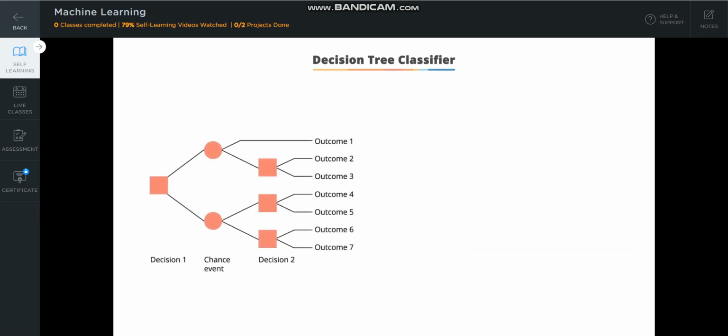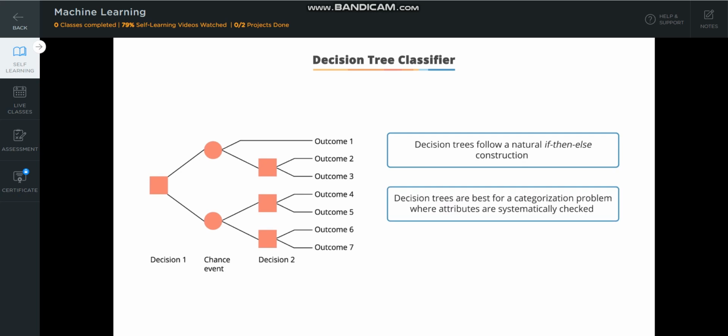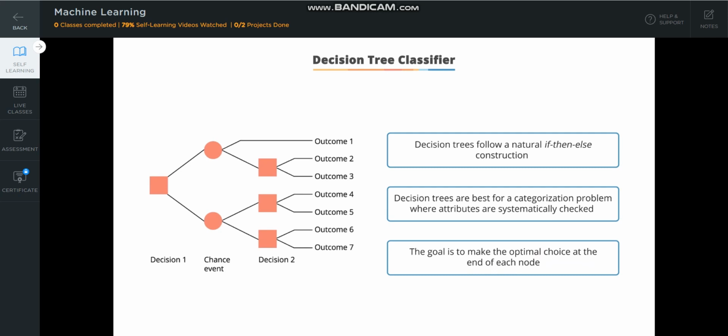Let's understand the schematic representation of decision tree. Decision trees follow a natural if-then-else construction due to which it easily fits into a programmatic structure. Decision trees are best for a categorization problem where attributes or features are systematically checked to determine a final category. As the goal of a decision tree is to make the optimal choice at the end of each node, it needs an algorithm that is capable of doing just that.